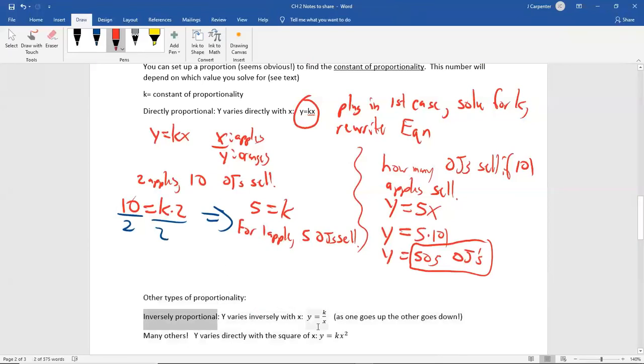This is not y equals k times x, it's k divided by x. So what this means is, as one thing goes up, the other thing's going to go down. More specifically, as x doubles, y halves. Or you could say as x triples, y goes down by a third, that kind of idea.